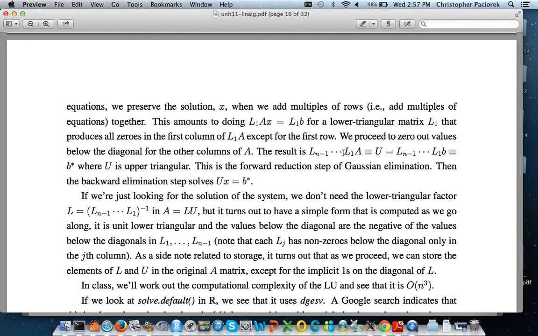Would the package automatically do the permutation if it finds a 0 pivot? If it finds a 0, the only issue I think is if it's trying to divide by a 0. Otherwise, if there's already a 0 there, I guess you don't need to do the computation.